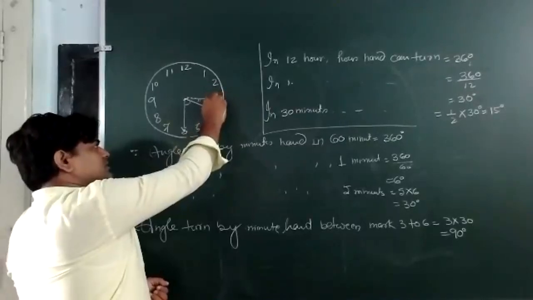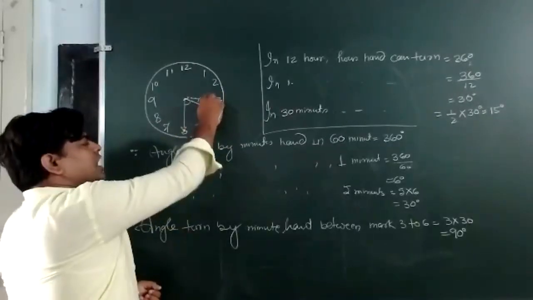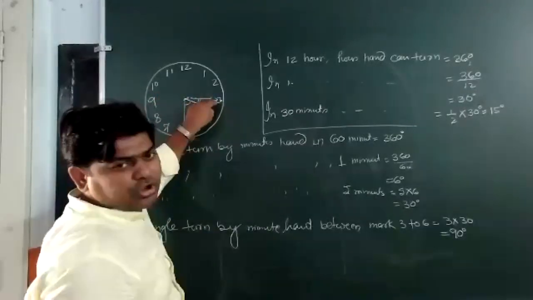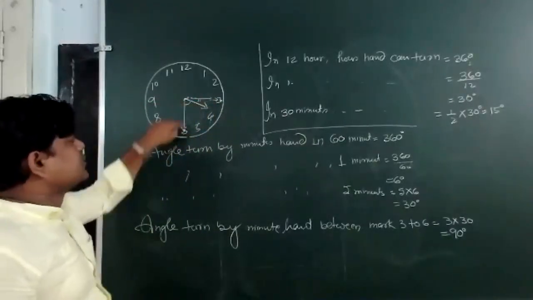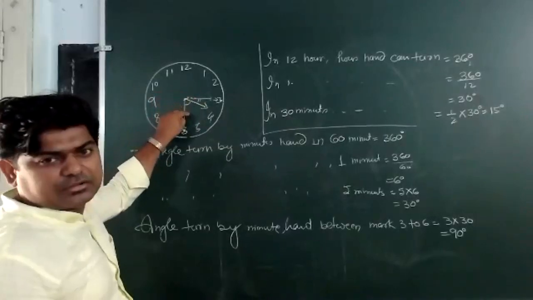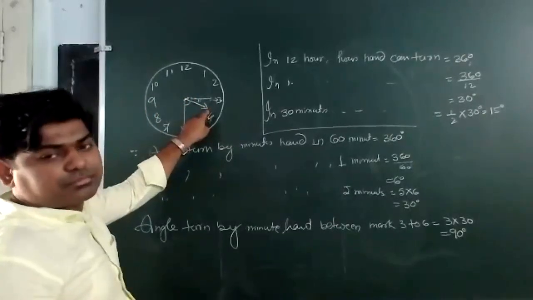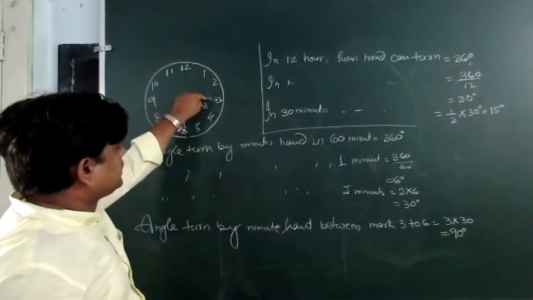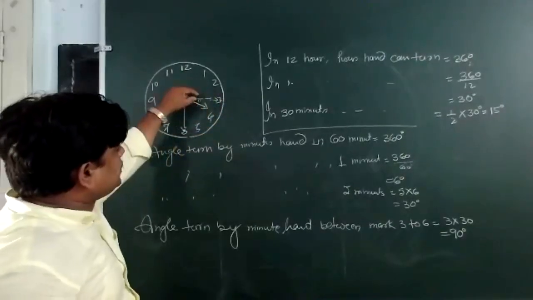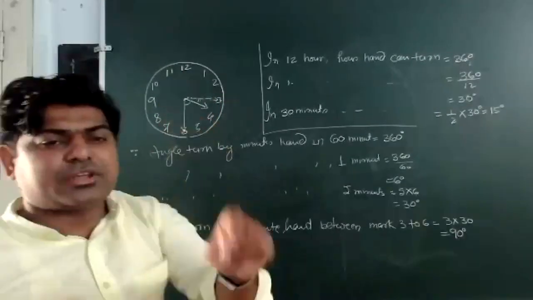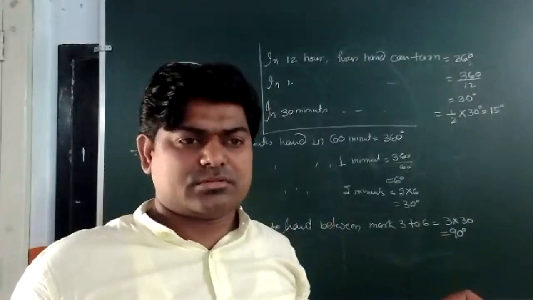Angle between this hand and this hand, both are minute hand. If that minute hand was here at 3 o'clock and now it is at 6, so the angle between them is 90. Now I said if our hour hand is at mark of 3, then in 30 minutes how much did it take? 15 degree. So from 90, 15 has to be subtracted or not.